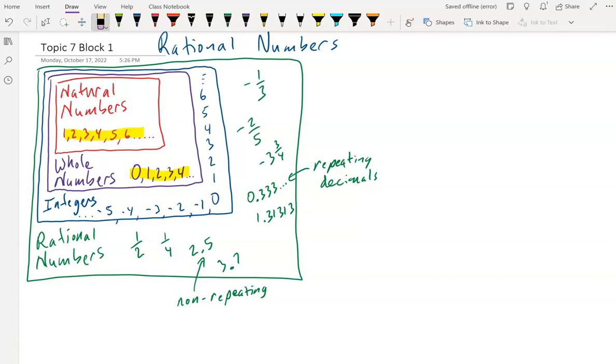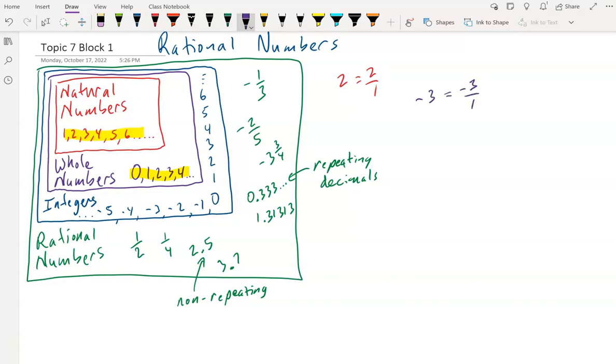So those are all types of rational numbers. The reason that they're called rational numbers is because they can be written as a fraction. All natural numbers could be written as a fraction. For example, the number 2 can be written as a fraction by just putting a 1 under it. And an integer like -3 can be written as a fraction because it would be -3 over 1.